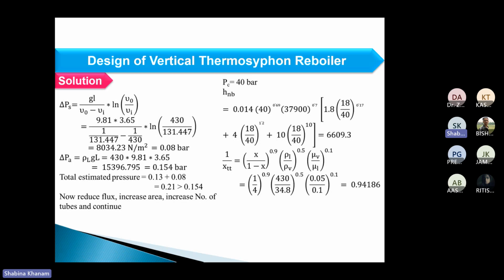We need to proceed to the heat transfer coefficient calculation. As far as the heat transfer coefficient is concerned, again I have two different conditions: one is at entry and the second is at exit.